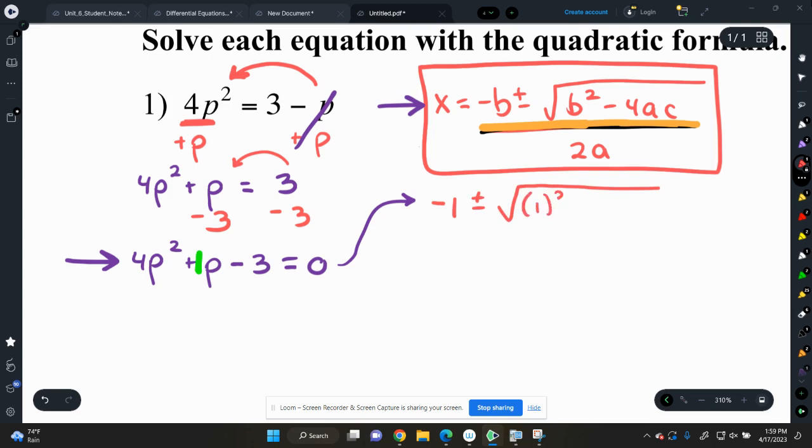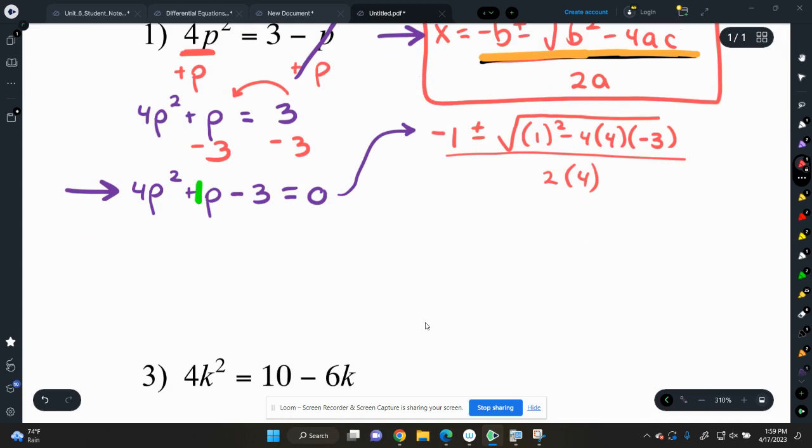So that's 1 squared minus 4 times a. What's a? 4. C? Negative 3, right? C is negative 3. All over 2 times a, which is 4.